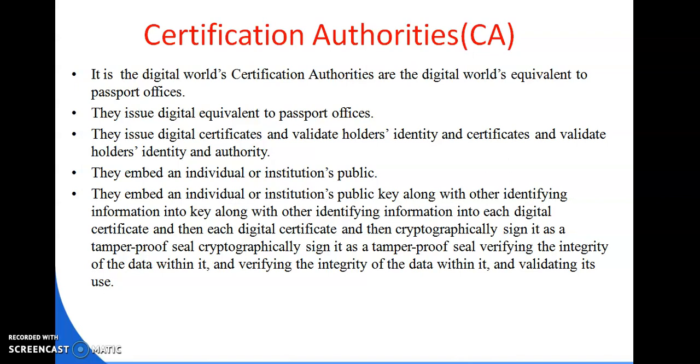They embed an individual or institution's public key, along with other identifying information, into its digital certificate, and then cryptographically sign it. It has a tamper-proof seal verifying the integrity of the data within it and validating its usage.